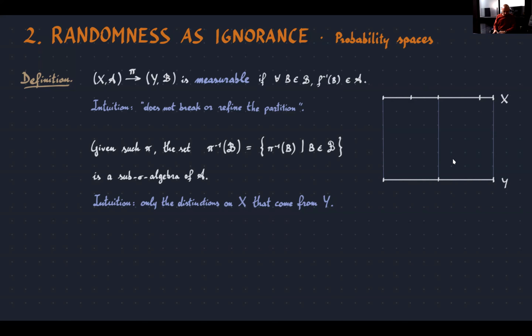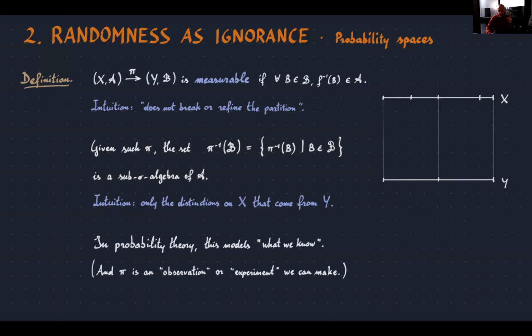Why do we want to do that? It's not particularly because we want to lose information, but because usually in probability theory, these maps pi tell you what you know. So usually this x is our omega. We don't know what we are in omega. But we make some very big coarse-graining, which is some kind of experiment, something we can actually observe, like the state of the world today here, instead of everywhere forever.